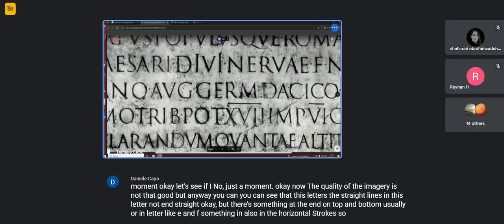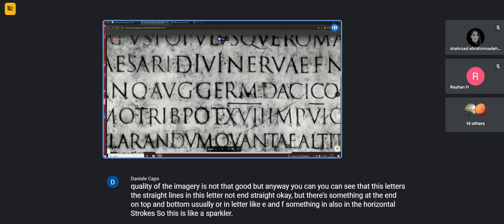So this is like a spatula shape at the end of the strokes.